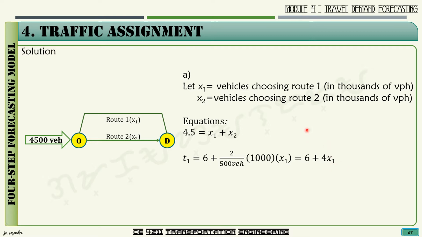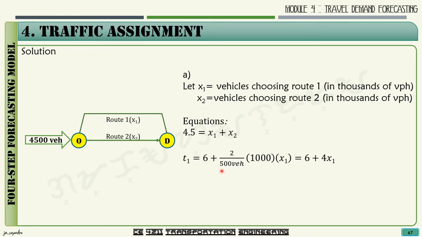So from the problem, every 500 vehicles added will be an increase of 2 minutes. So 6 minutes plus 2 for every 500 vehicles. We multiplied by 1000 since our value is always in vehicles per hour.